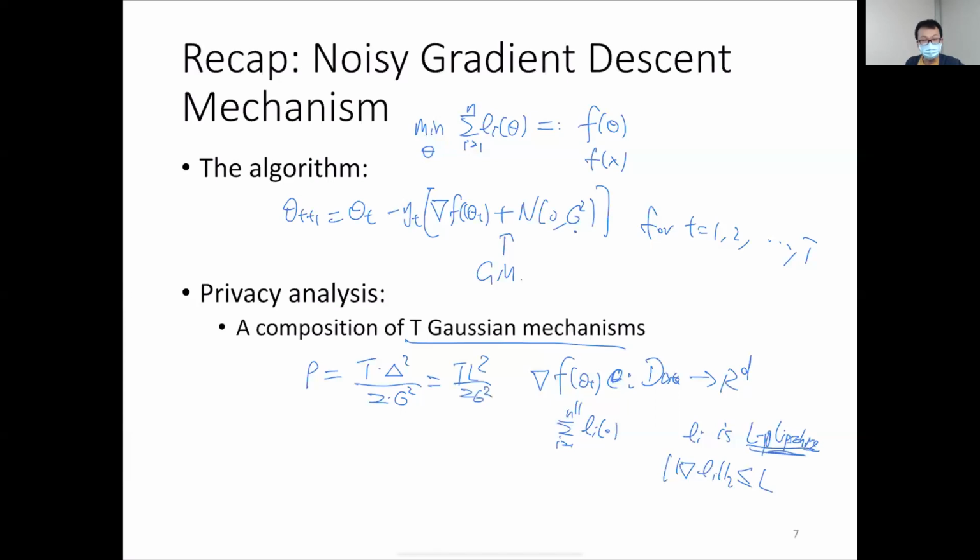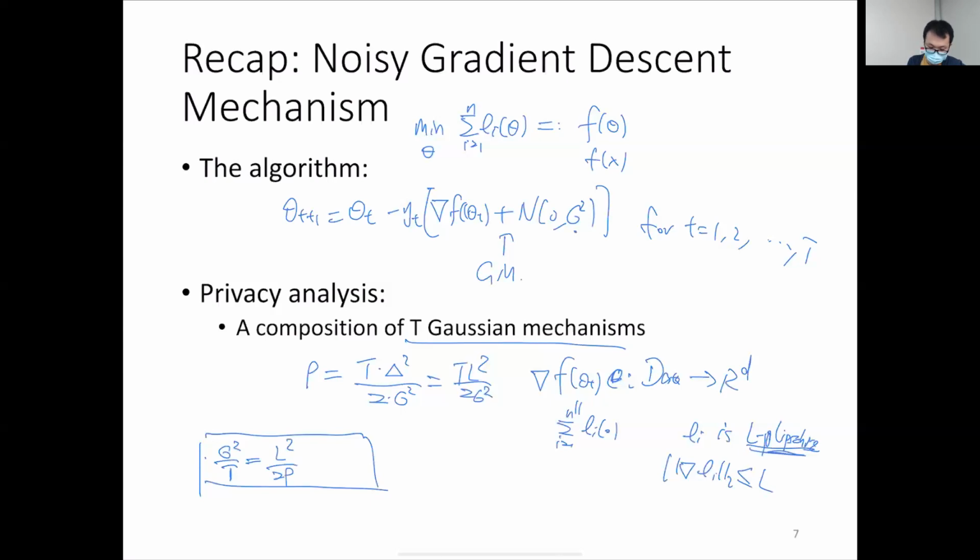So two equations that we'll be using frequently in today's lecture: first of all, if we calibrate the noise such that the entire T iterations of the noisy gradient descent algorithm satisfy rho CDP, then this parameter sigma square over T, the ratio between the variance of the noise and the number of iterations, is equal to L square over 2 rho.